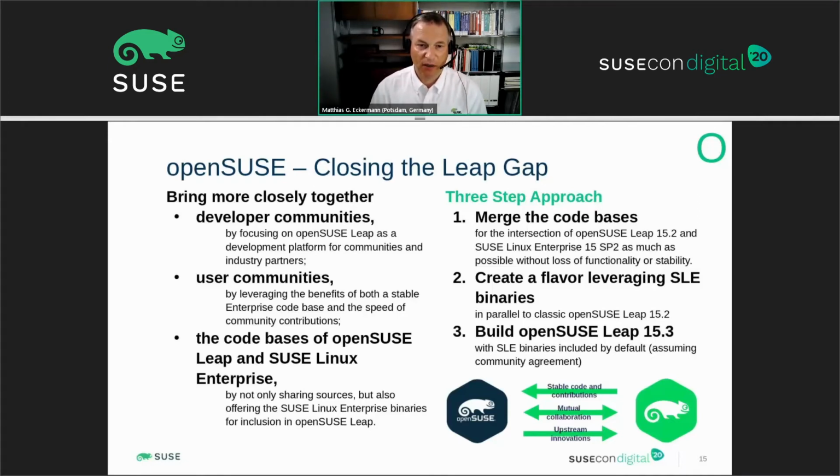This is going on. Second, creating a flavor leveraging the SLE binaries, potentially happening this autumn 2020. And then the last step next year, the proposal to build OpenSUSE Leap 15.3 with the SLE binaries included by default. This is currently being discussed with the OpenSUSE community.